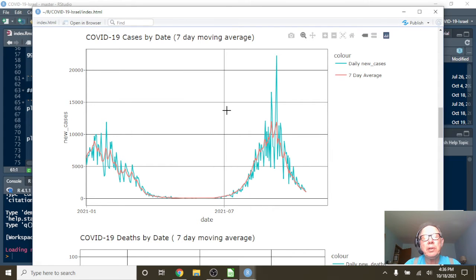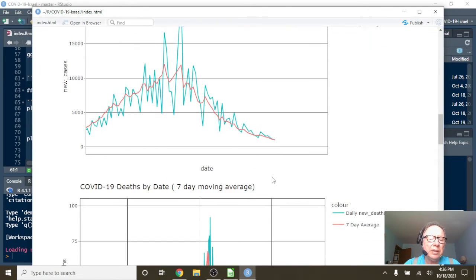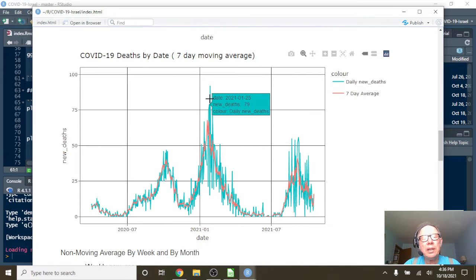But then you had a spike back beginning in July, topping out on September the 8th at 22,291 cases. But by October the 15th, that number had fallen back down to 1,305 cases, with an average number of cases of 1,069 per day.